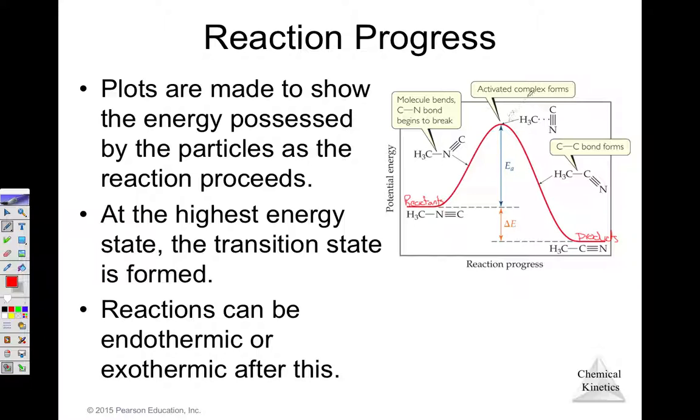All right, and then up here is something called an activated complex. The activated complex is some middle ground. It's right after the reactant bonds have broken, and right before the product bonds form. So it's this kind of limbo stage where all these atoms and molecules are sitting there with bonds broken and bonds just about to form.